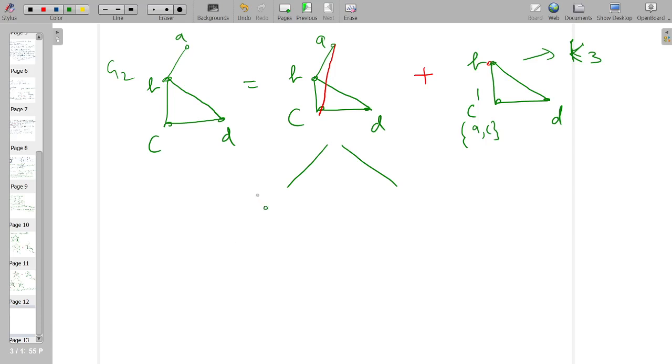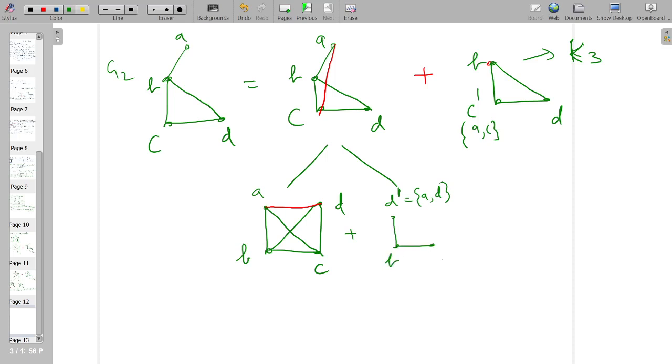So here I will have A, B, C, D. You can see that A is adjacent to C, B is adjacent to D, and AD is not adjacent. I make AD adjacent here, plus now I have D dash, which is nothing but the fusion of A and D. I will have B here, I will have C here, and this will be this.